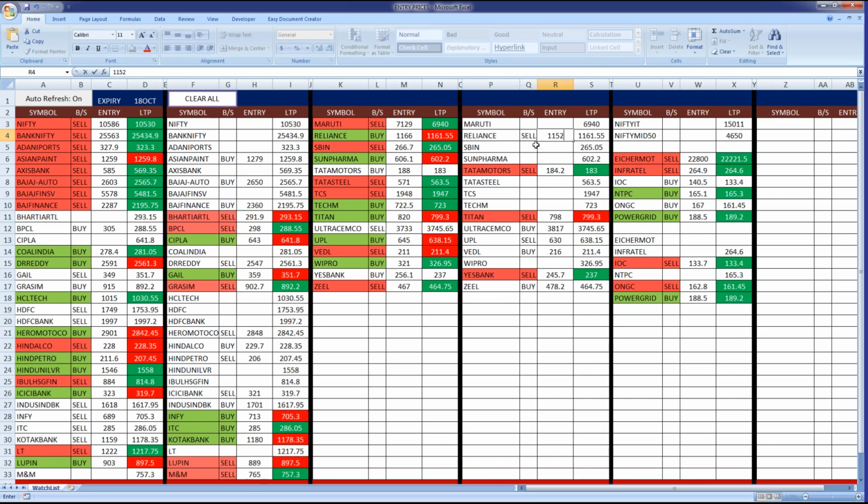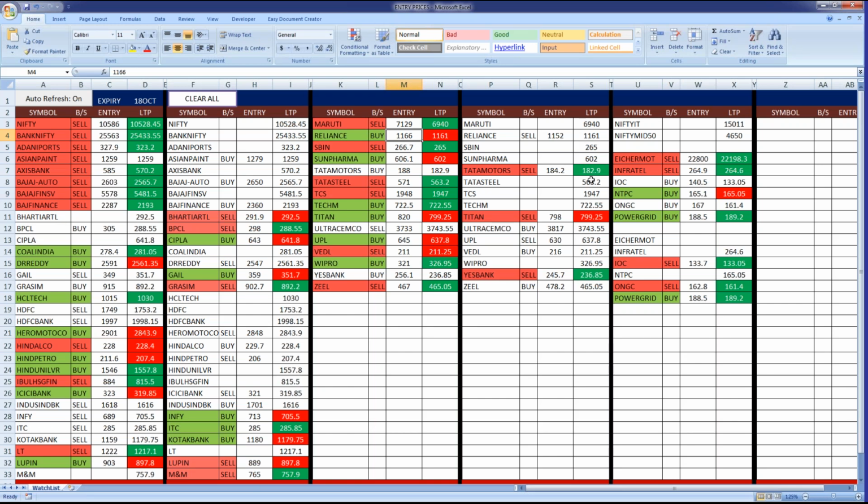You can see that the Reliance high was 1182. So my entry here is 1166. So that has already made profit. Now I have a sell call. So in case it gets triggered, I make profit there also.